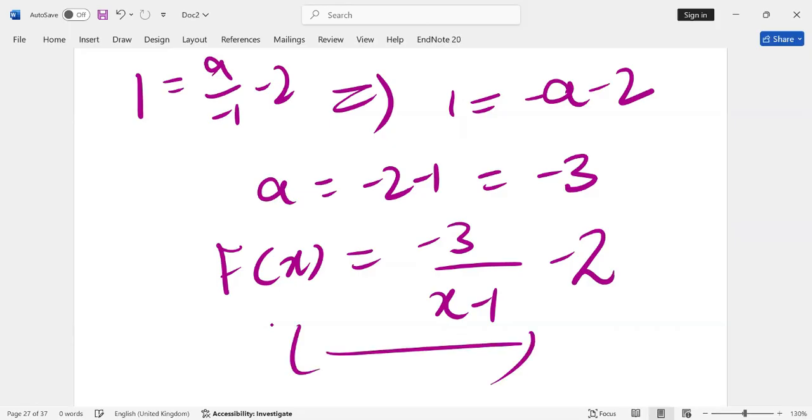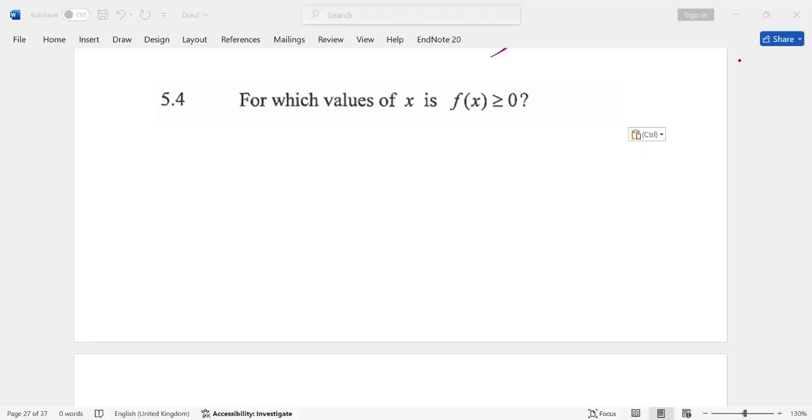Okay. Next question is 5.4. For which values of x is f of x greater than 0? So we are looking for where the graph is on or above the x-axis, okay? So we first find the x-intercept by setting f of x equals 0, all right? So let's start.